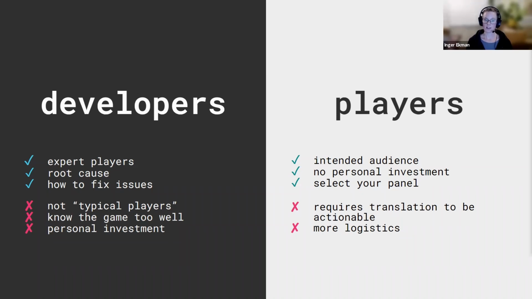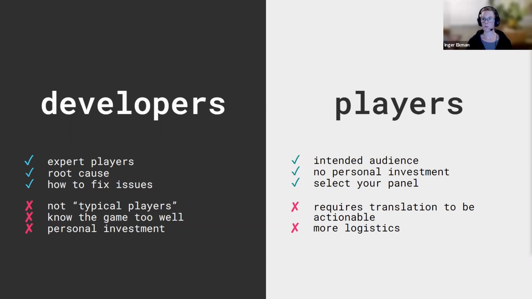Well, players, on the other hand, external players here, are definitely the intended audience, and you can be very selective about who you bring in as well. This is not something you can do with developers. If you want specific people testing, you might not have enough of them in your studio, but with external players, you can target the kind of capabilities or the kind of attitudes and competencies you want to look at the game through.